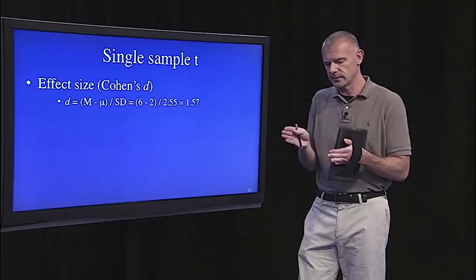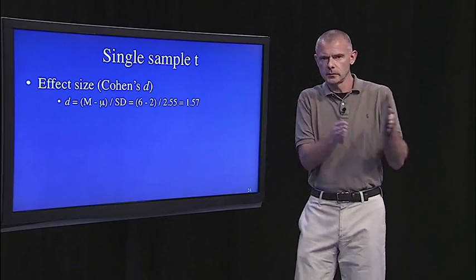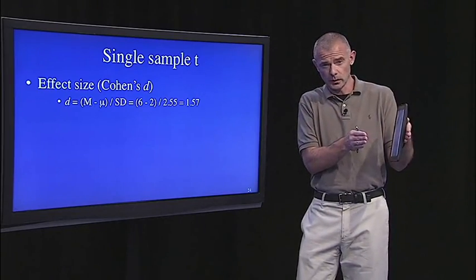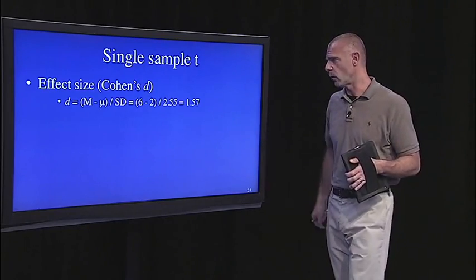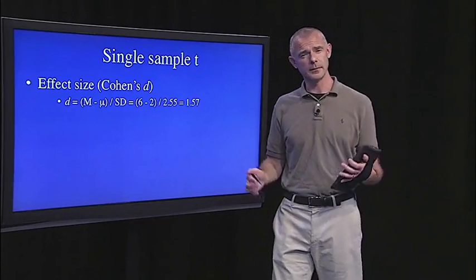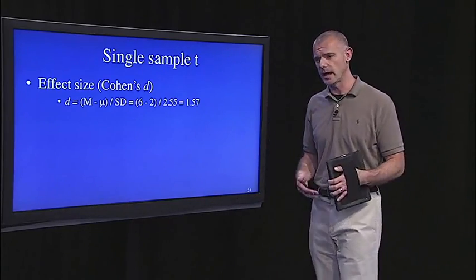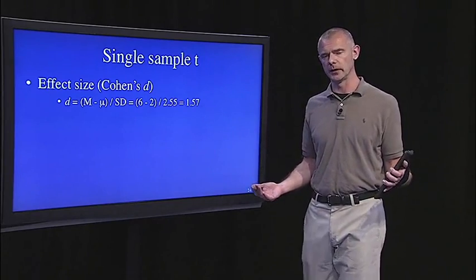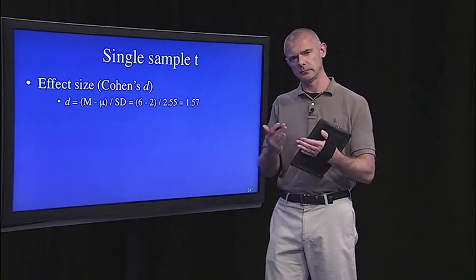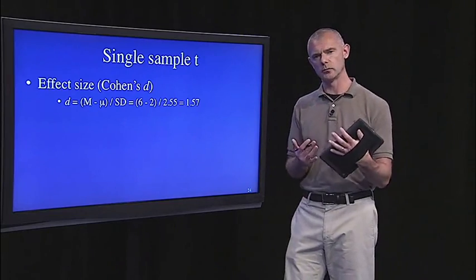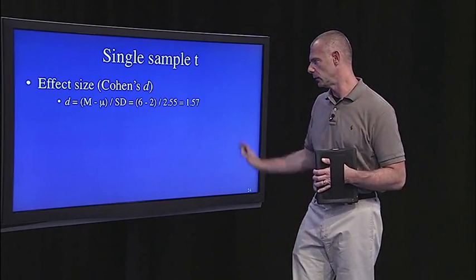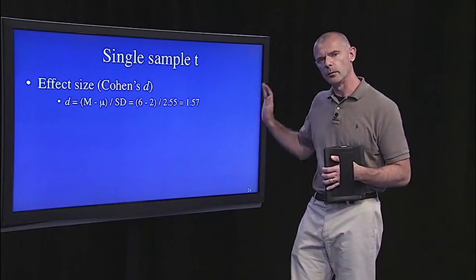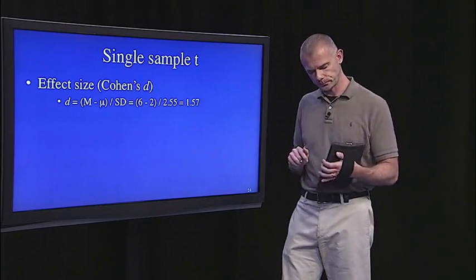So this just tells us how much did we shift this sample mean in terms of standard deviations. And we get a Cohen's d of 1.57 in this case. That's a big effect size. Really, anything over 1 is a big effect size. But judging what's large and what's small in effect size is a bit subjective, but everyone would agree that 1.5 is large.